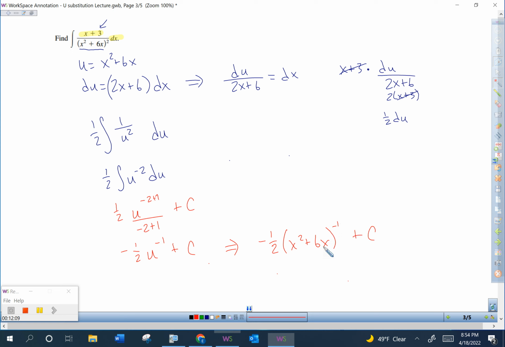Rewriting, a lot of times we like it in the original form. So that would look like a negative 1 on top, and this 2 times our x squared plus 6x to the first power on the bottom. And then remember, you can always check yourself by taking the derivative of that thing, checking it back with the original.